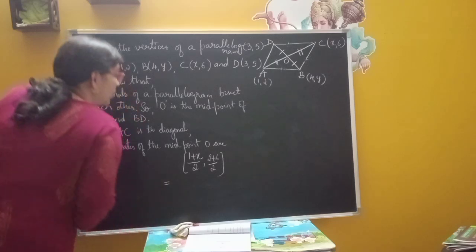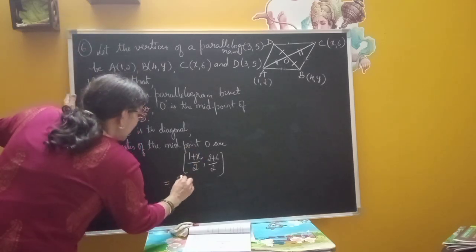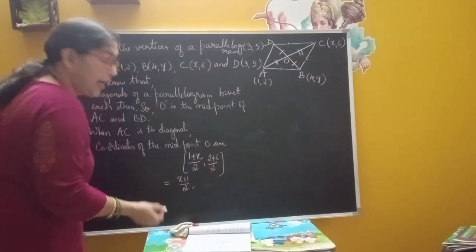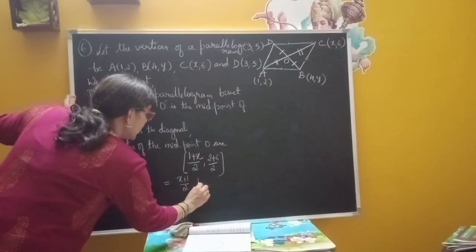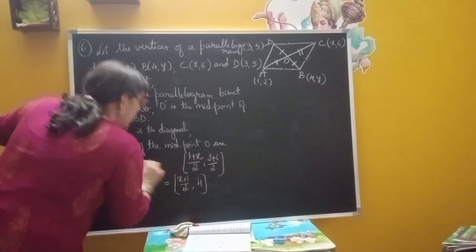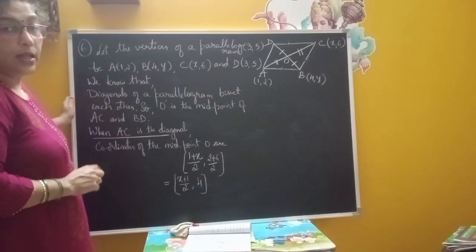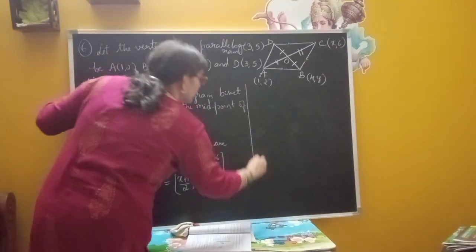So this is equal to (1 plus x) by 2, or we can write it as (x plus 1) by 2, and 6 plus 2 how much? 8. 8 by 2 is 4. So these are the coordinates. Now if BD is the diagonal, let us find the same.